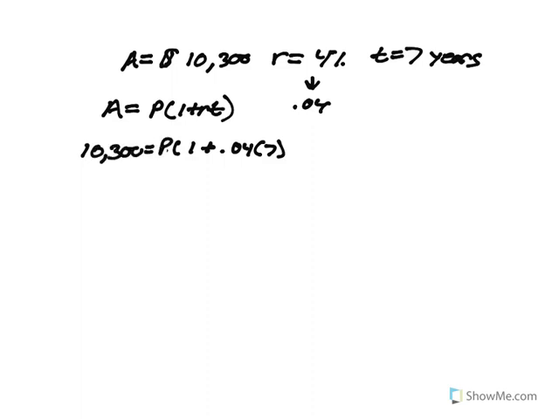That's going to equal P times 1 plus 0.04 times 7, okay? To save a little time, 1 plus 0.04 times 7 will give you 1.28. Do the 0.04 times 7 first, then add the 1, and you'll get that value.